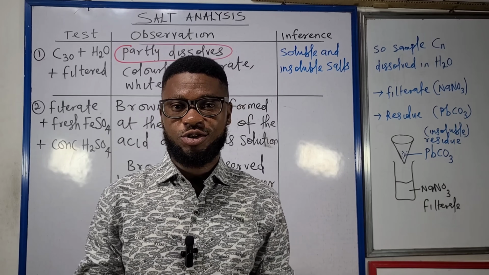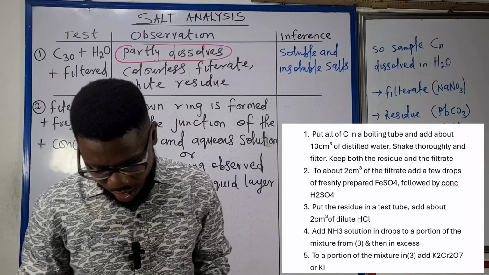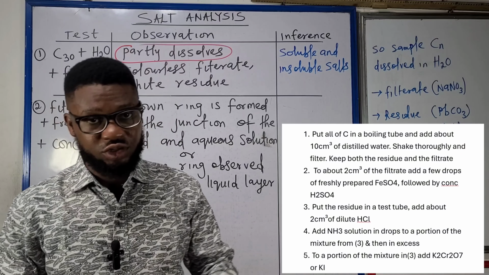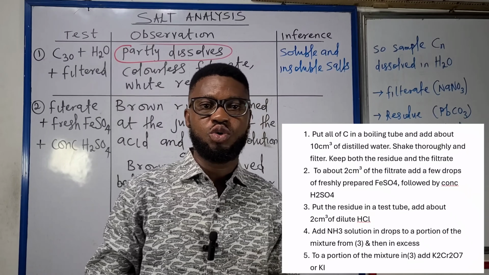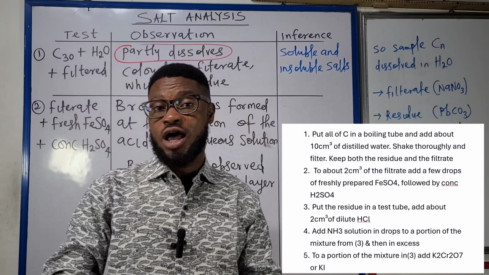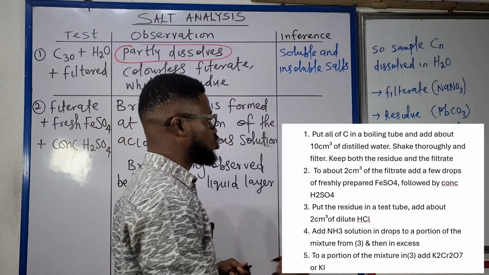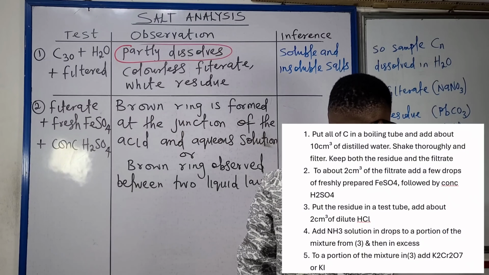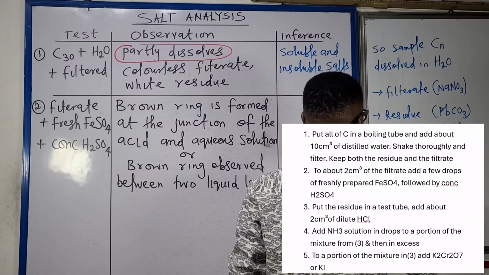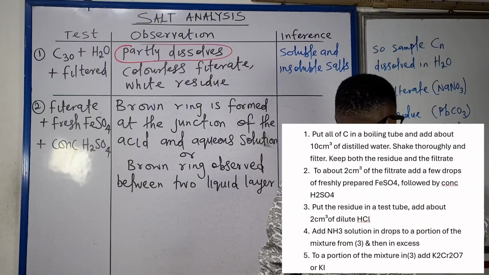So to the next question, as you can see on your screen, it says to about 2 cm cube of the filtrate. So it means that for question 2, we're about to work on the filtrate. So when you see a question talking about the filtrate, the aim will be to try to identify the anion here, that's talking about NO3 minus.